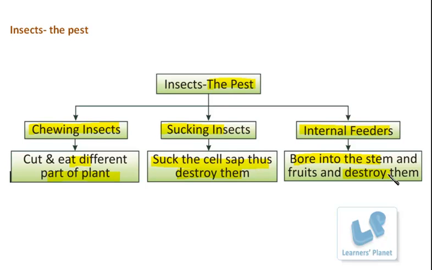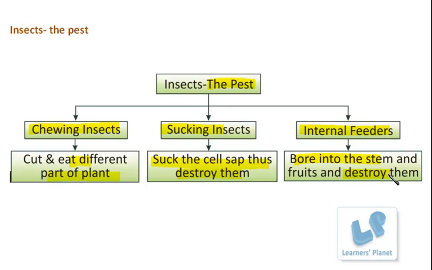So on one side, the insects are basically obtaining their own food. But ultimately, if we observe it from another point of view, these insects are basically causing damage to the fields. So now the thing is, of course, these insects or pests have to be controlled.